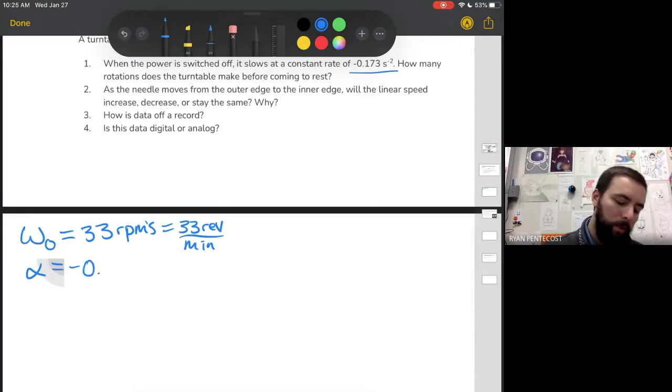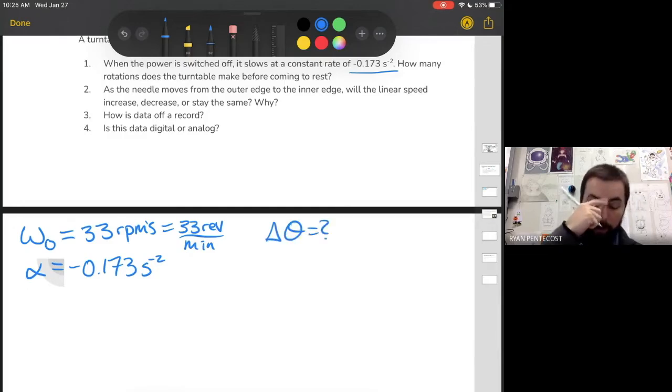That is negative 0.173 seconds to the negative second power. We want to know the number of rotations until the turntable comes to rest. So we know that omega final would be 0 because it's coming to rest.